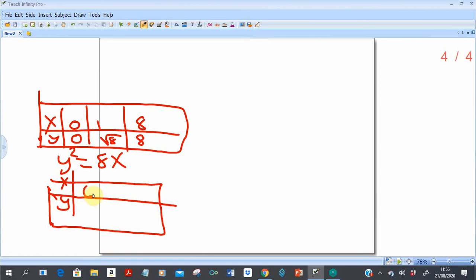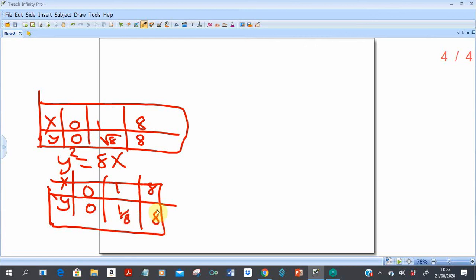But for the other one, x: 0, 1, 8. At 0 we also have a 0. At 1 we have, this is for the other equation, 1 over 8, and at 8 we have 8.